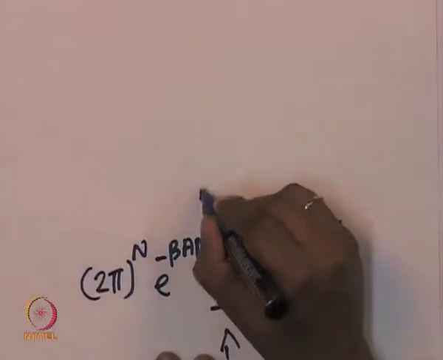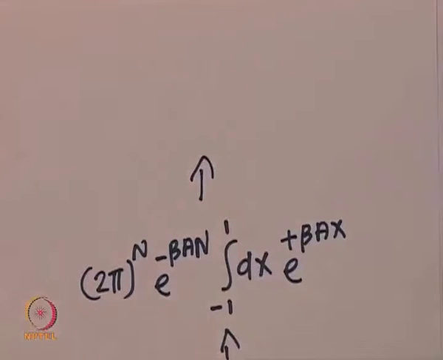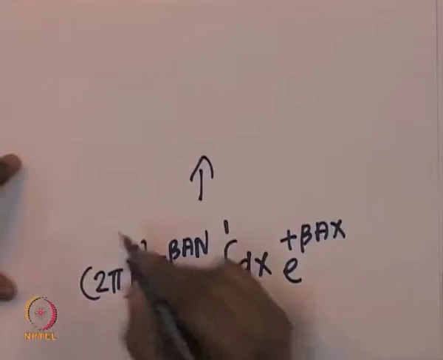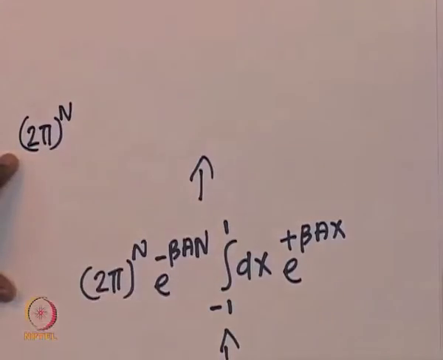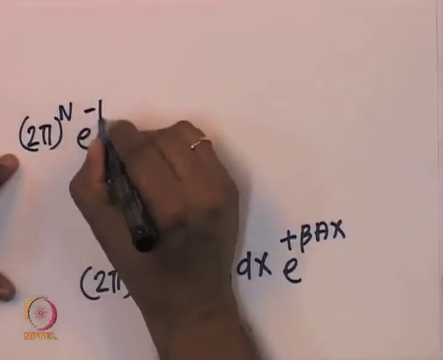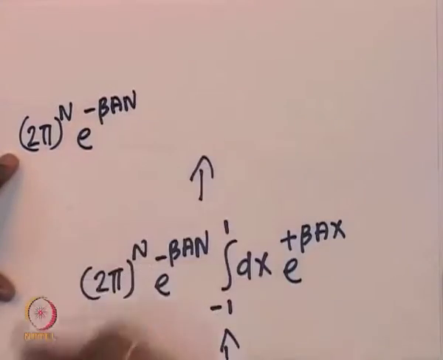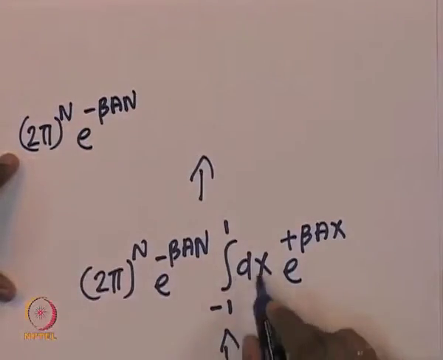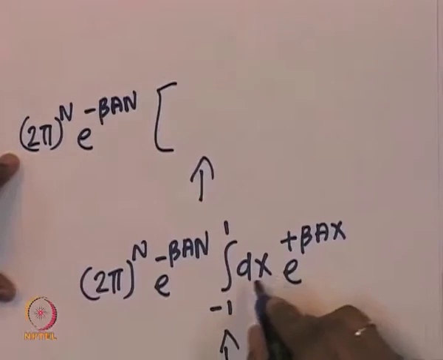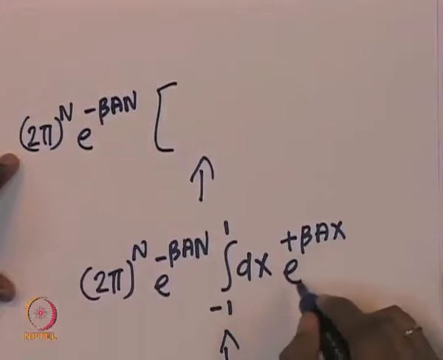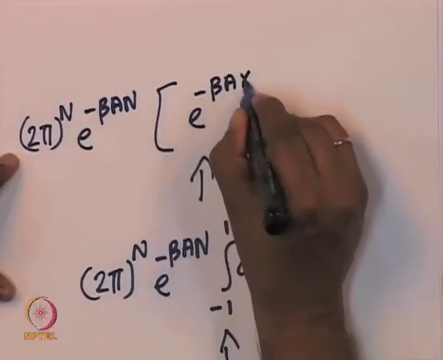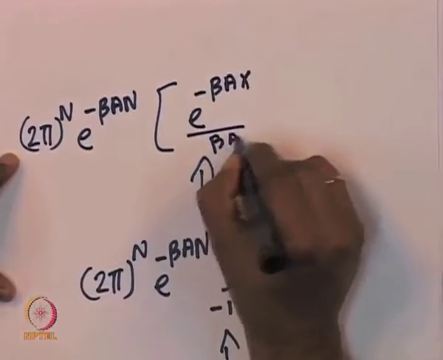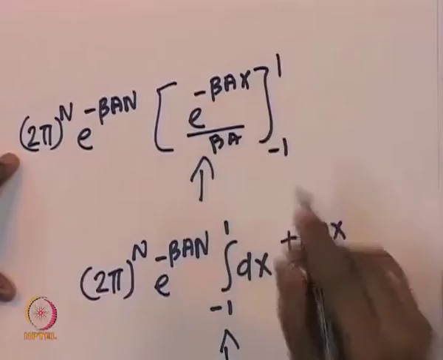This is easy to do. So, this is basically 2 pi whole power n, e power minus beta a n, and the integral of e power beta a x dx is basically e power beta a x divided by beta a, in the limits minus 1 to 1.